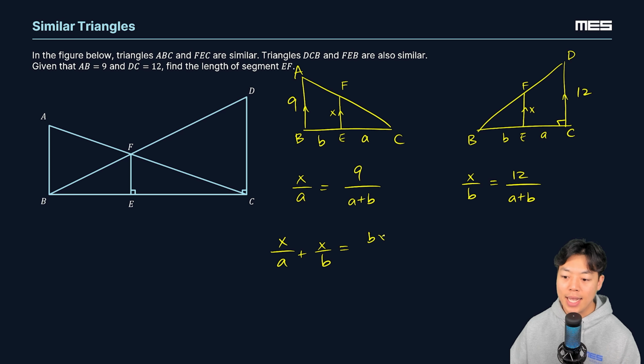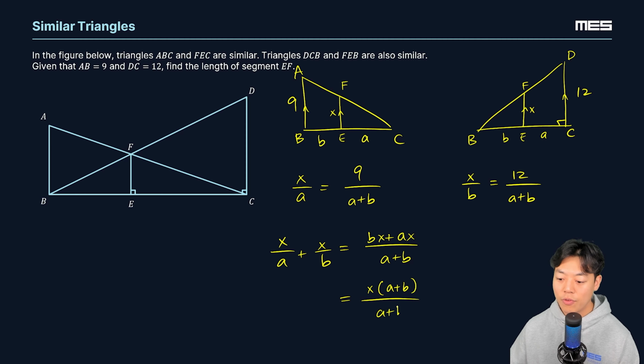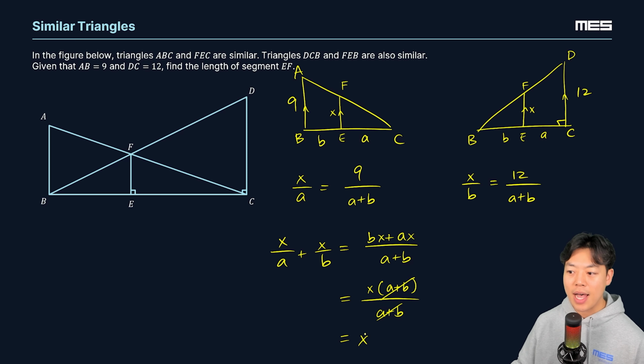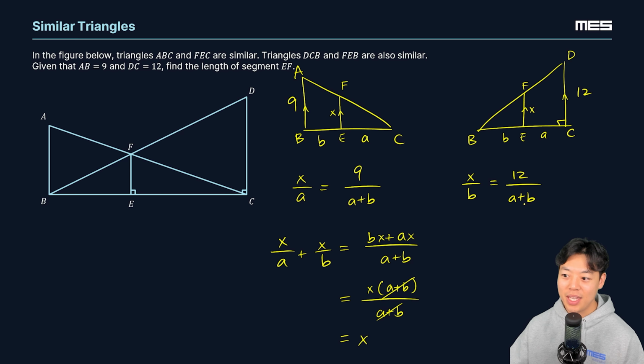This will give us bx plus ax all over A plus B. That will give us, if we factor out the x's on top, A plus B over A plus B. I was buffering there a little bit. So this is just equal to x. So what did we just find? We just found that if we add 9 over A plus B to 12 over A plus B, we're just going to get the value of what this x is going to be.